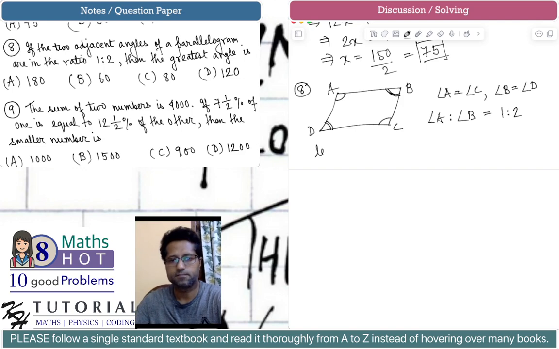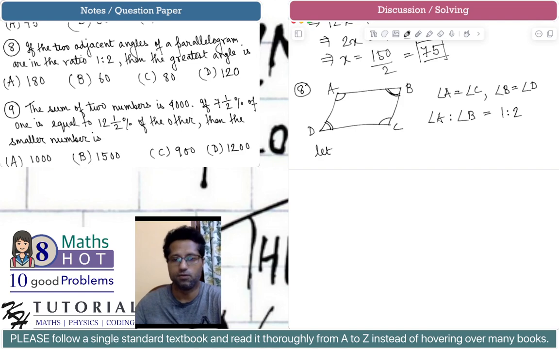We know that when we have two quantities and the ratio is given, and we need to solve for those two quantities, we usually assume the values of those quantities to be some multiple of x.